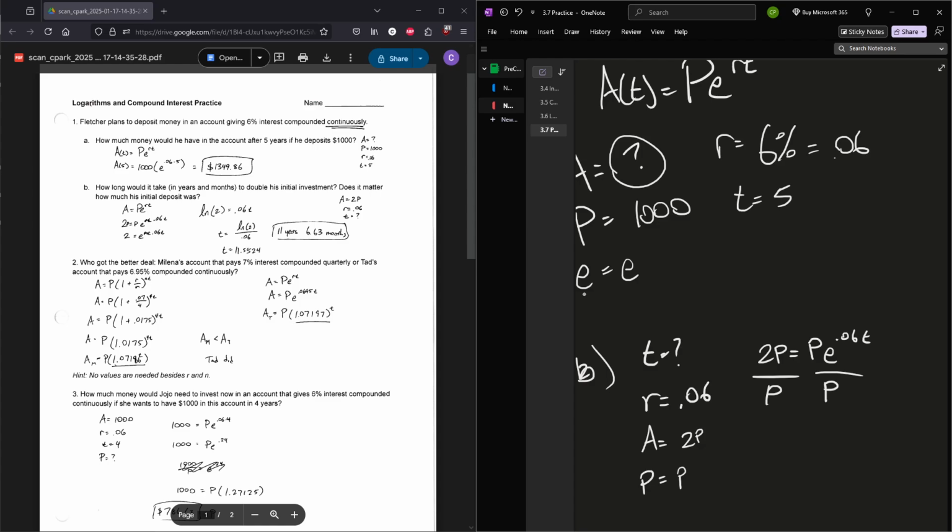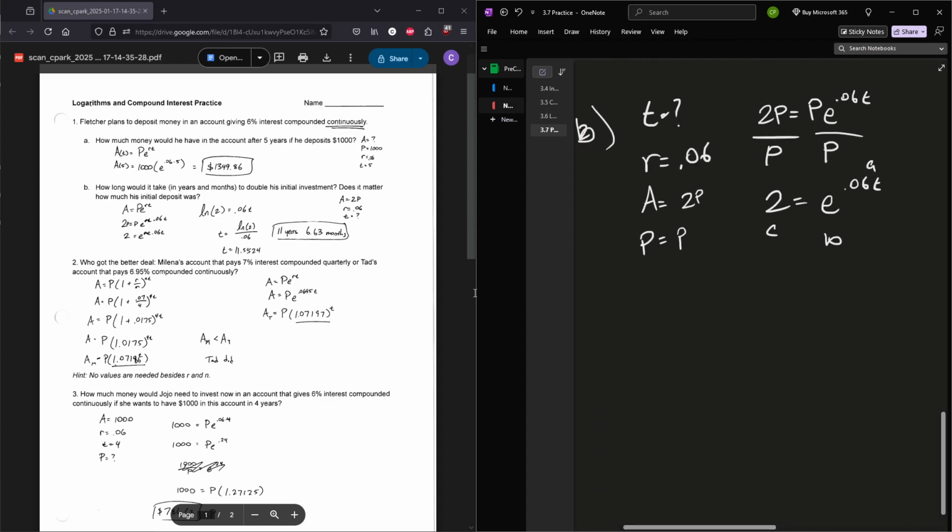We're doing the opposite of PEMDAS. If it looks like plus 4 over here, the plus 4 is furthest away. Then you do the multiplication. Then you do exponents. So divide by P, get 2 equals E to the 0.06 T. Now over here, we do BAC, which becomes ln of 2 equals 0.06 T. Divide by 0.06, divide by 0.06.